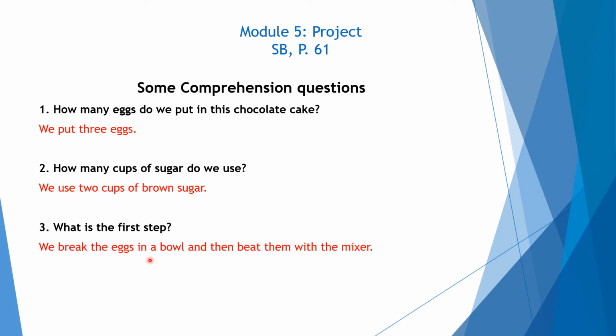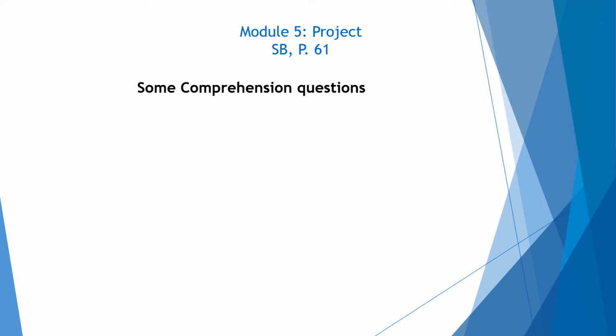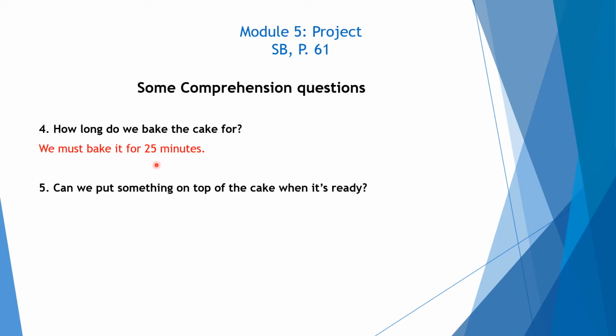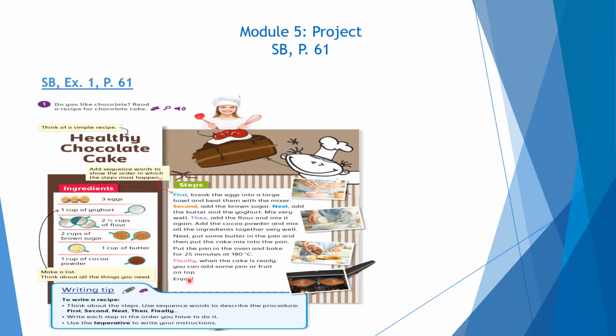We break the eggs in a bowl and then beat them with a mixer. 4. How long do we bake the cake for? We must bake it for 25 minutes. 5. Can we put something on top of the cake when it's ready? Yes, we can. We can put some jam or fruit.